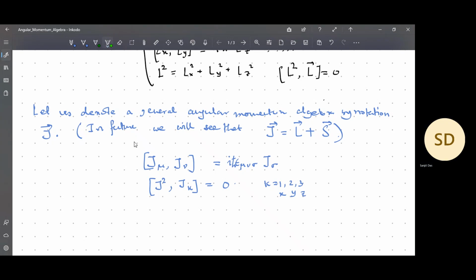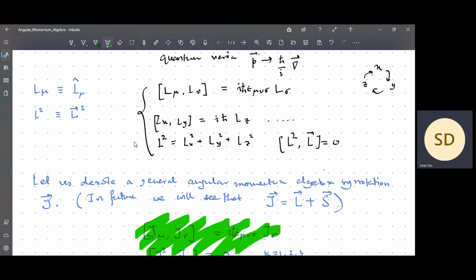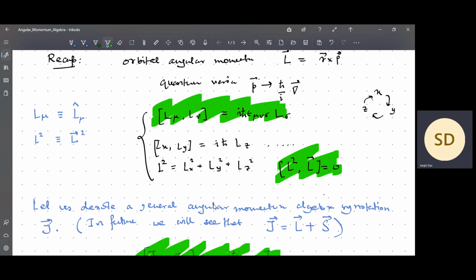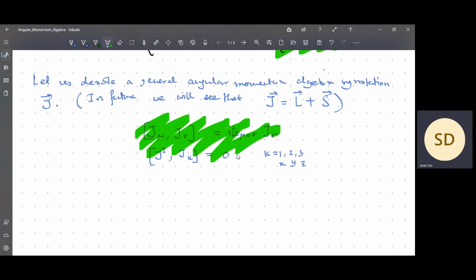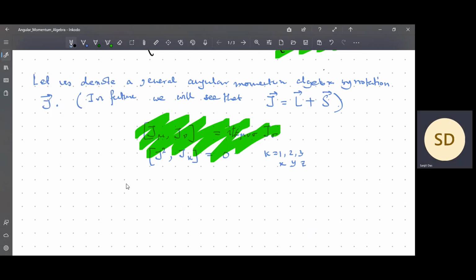If you compare this one with this one, the angular momentum algebra for the orbital angular momentum, they are both the same. Just as a notation, instead of L I am writing J, and the reason is that in future we will understand this J is nothing but orbital angular momentum plus spin angular momentum, which has to be discussed later. Right now we will deal with this object, and we will see what we can say about the eigenvalues and eigenfunctions of these things.